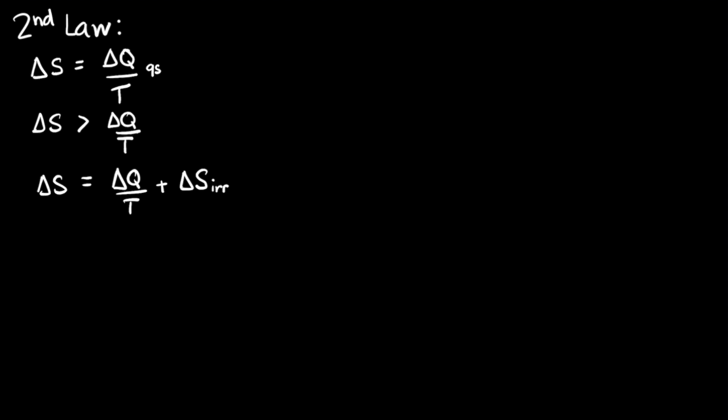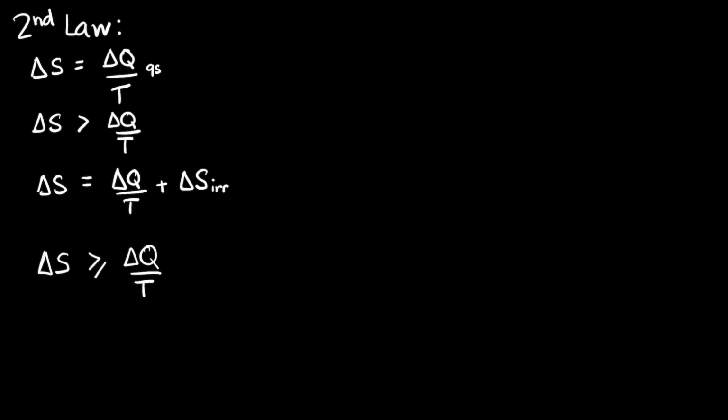So the way that this is summarized is in the form of the Clausius inequality. The Clausius inequality says that delta S is greater than or equal to delta Q divided by T. So it can be equal to it, but it's always going to be greater than, because you'll have this irreversible entropy production. And that results if the process is not being done quasi-statically.